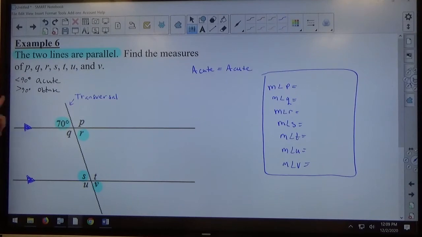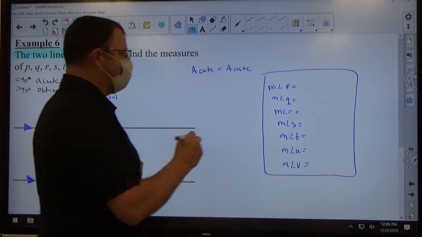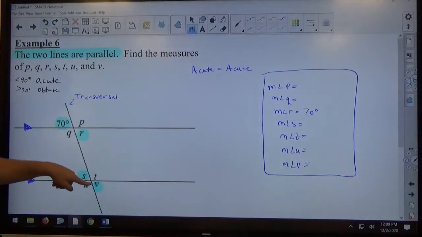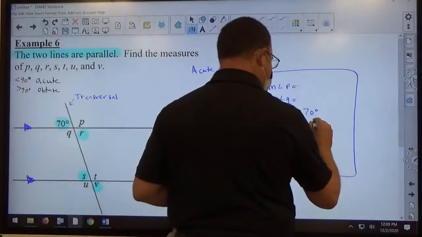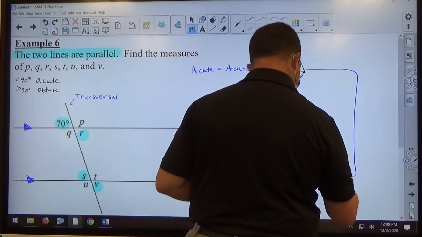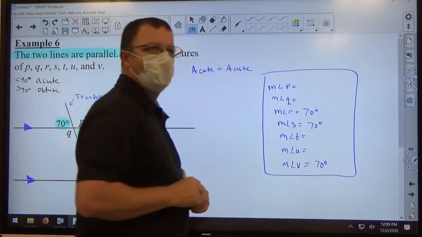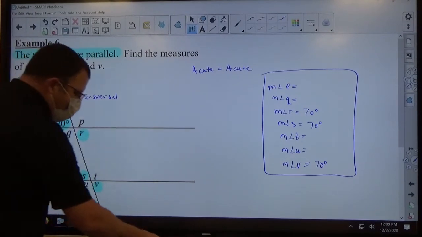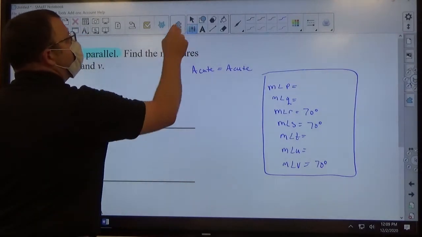So all the acutes are the same measure. R is acute, so R is 70. S and V are acute, so S and V are both 70. There's no work to show there, it's just a matter of saying, hey, that's 70, so they're all 70. The other 4 angles are all obtuse.